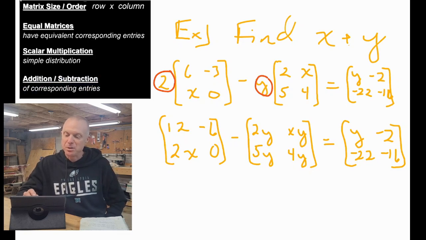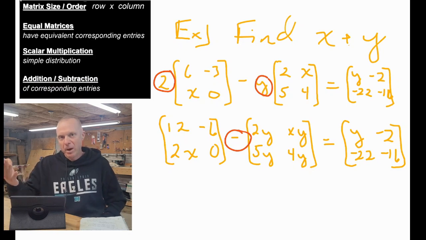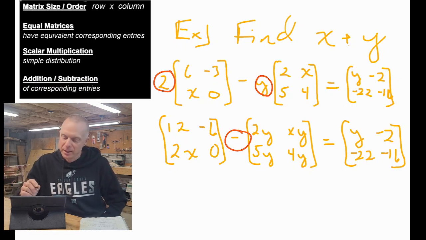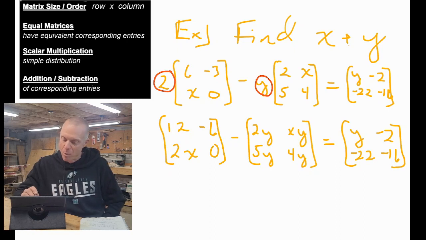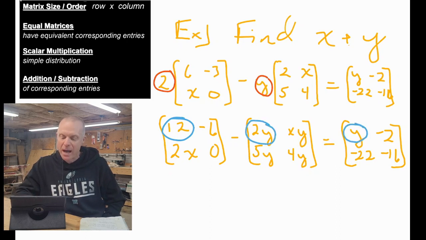Now, what about the other operation that's contained here? We see an addition-subtraction sign that is between the two matrices. Well, matrix addition and subtraction, probably what you would suspect, just basically adding and subtracting your corresponding entries. Now, if we're trying to find x and y, then it would probably be smart to add and subtract entries that contain y.